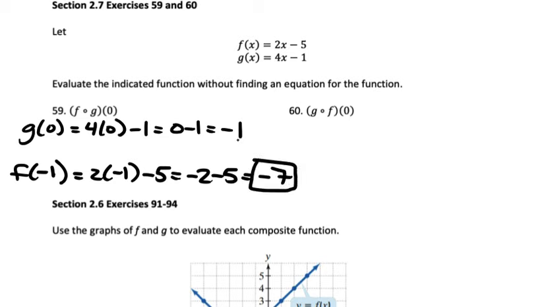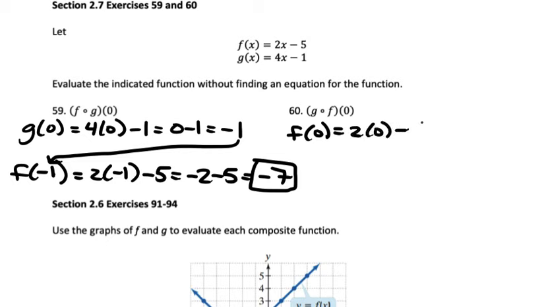So the key step is you start with the function on the right, plug in 0 for that, and then take the answer that you get and plug it into f. Question 60 is g of f of 0. So this time I'm going to start with f of 0, which is 0 minus 5, negative 5, and then I'm going to calculate g of negative 5.